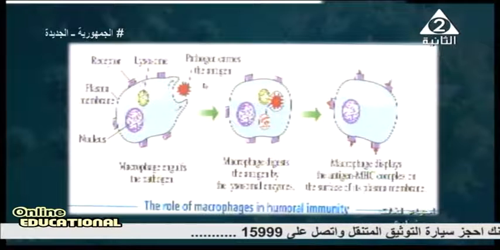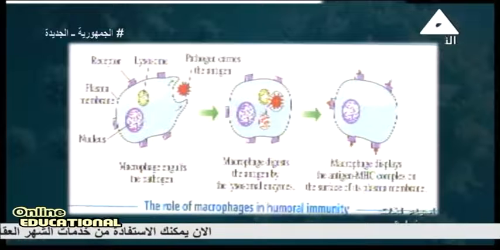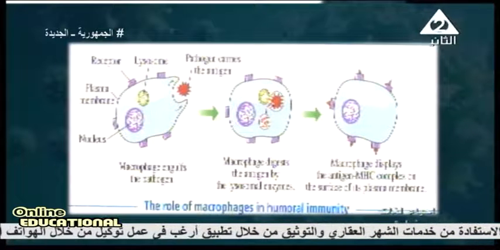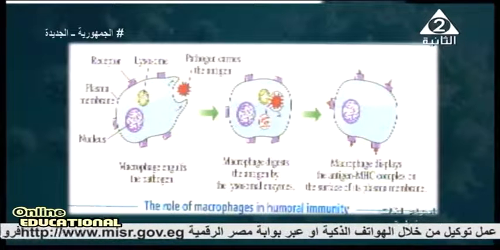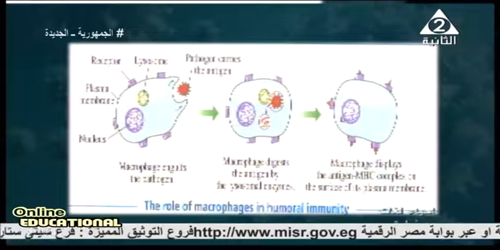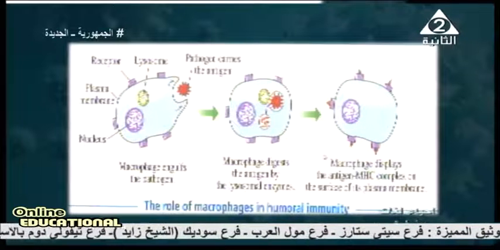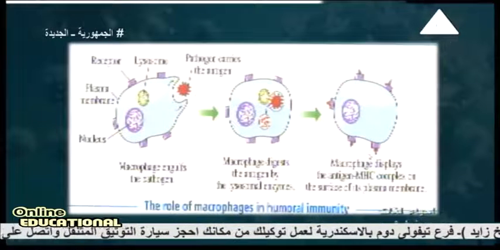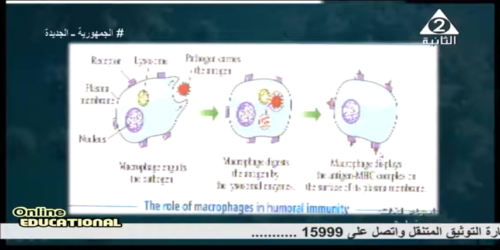You can recognize it. After recognizing, it takes it inside the cell. What happens after it takes it in? The lysosome combines with it to lyse. Lysis means killing it. Then the macrophage, after digesting this antigen by lysosomal enzyme, displays the MHC complex at the surface of the plasma membrane to go outside the body and get rid of this toxin or pathogen substance.